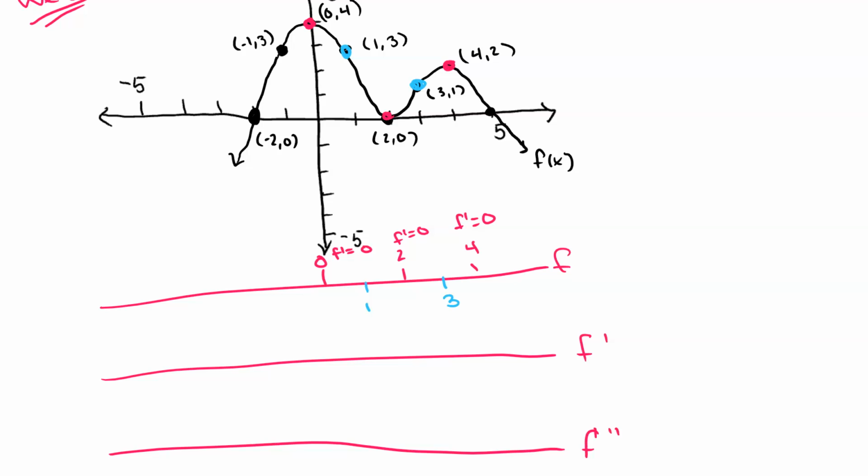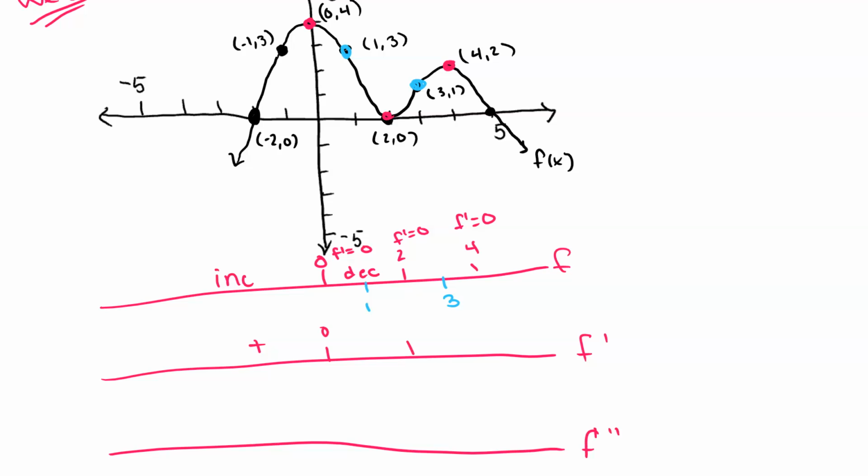So let's look at increasing and decreasing. Until we get to 0, our first critical point, we are going up. So we are increasing. That would mean if I'm looking at my derivative graph, I have positive to the left of 0. Then between 0 and 2, we are decreasing.